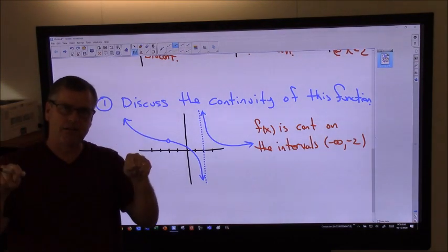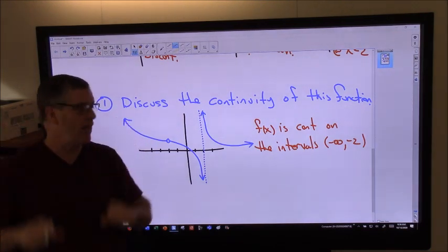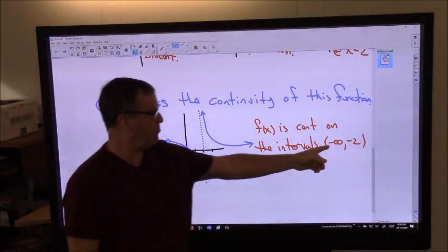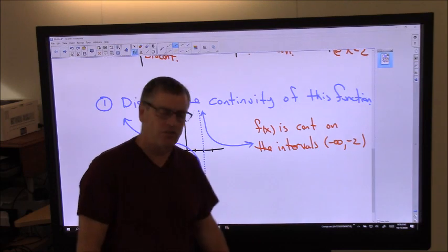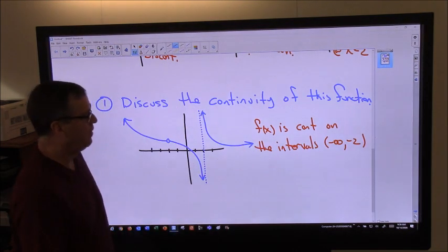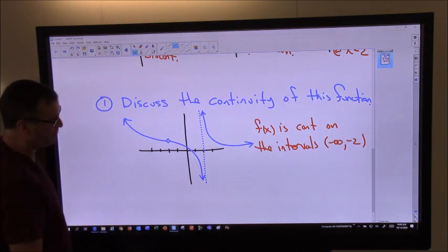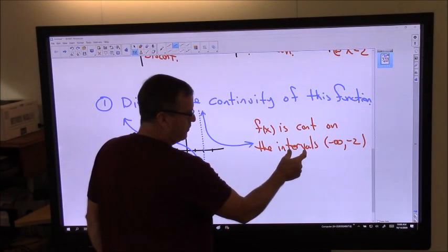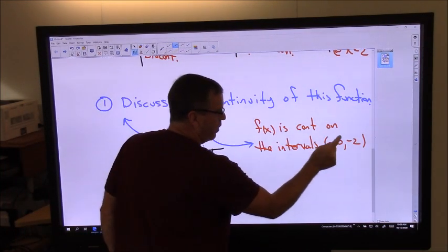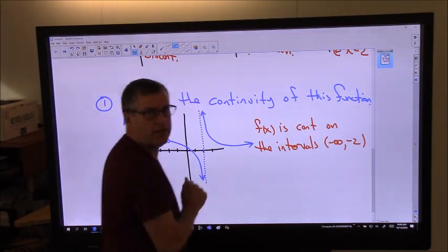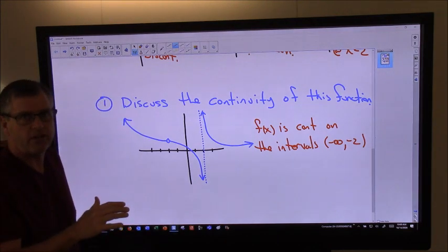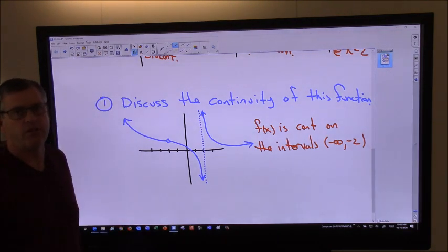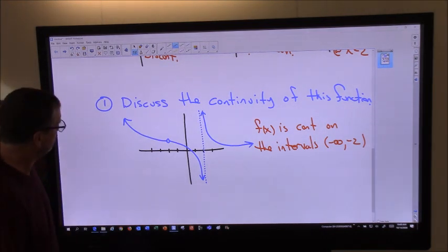If we've got brackets, that means do include that value. So this is not the point -infinity comma -2. It's an interval on where this function is continuous. And whenever we talk about intervals relating to a function, it's always x values that we write down. We never write down y values unless we're describing the range of the function, as in domain and range, okay?